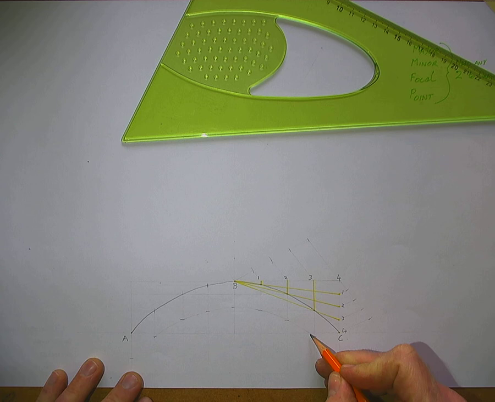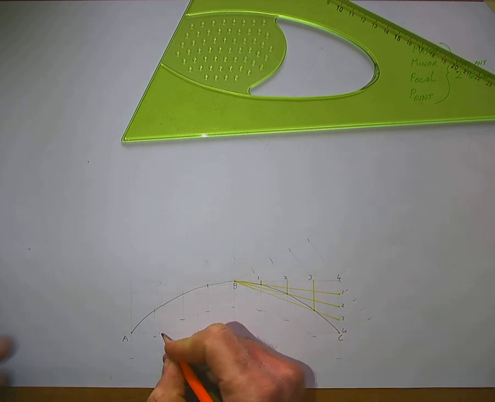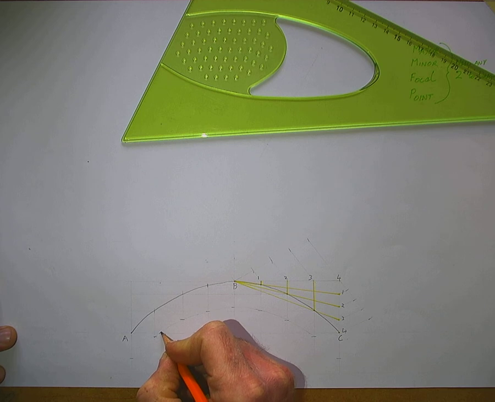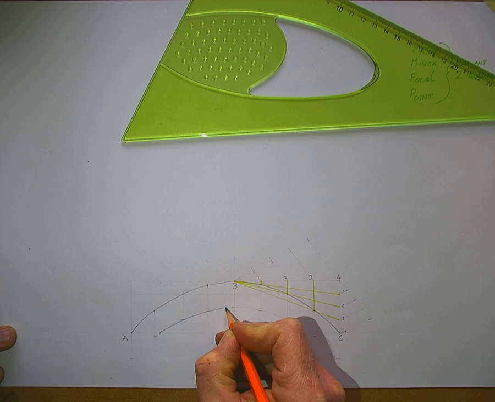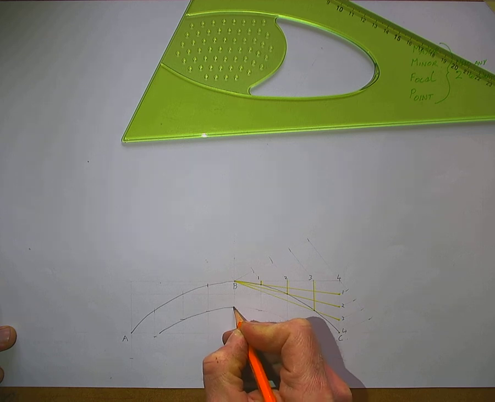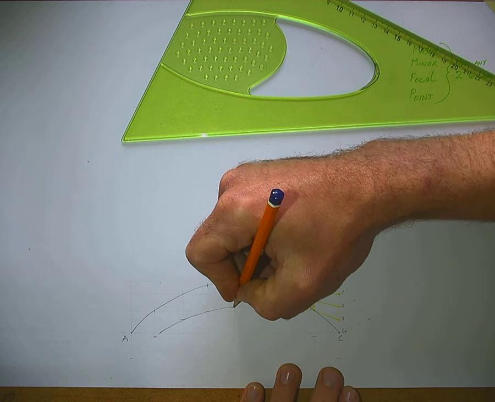Obviously we won't go past there or there when we're going over permanently. So if I start here again, again being careful to curve between the points.